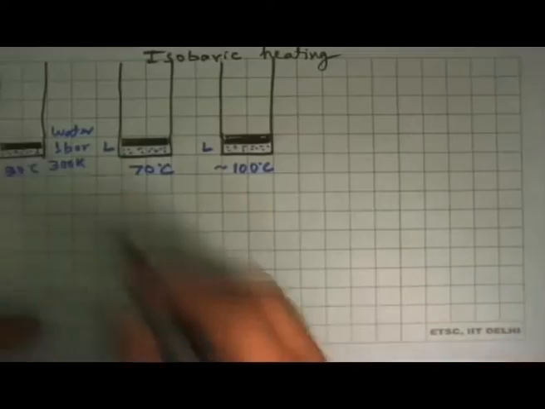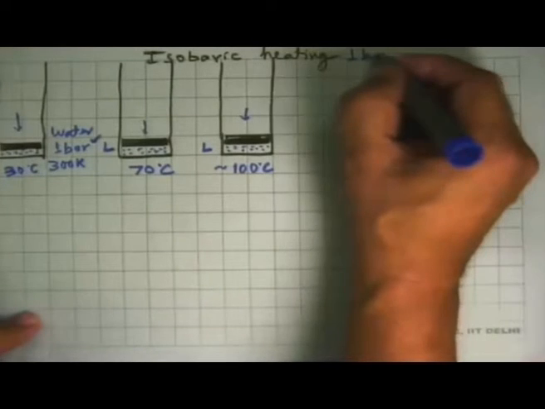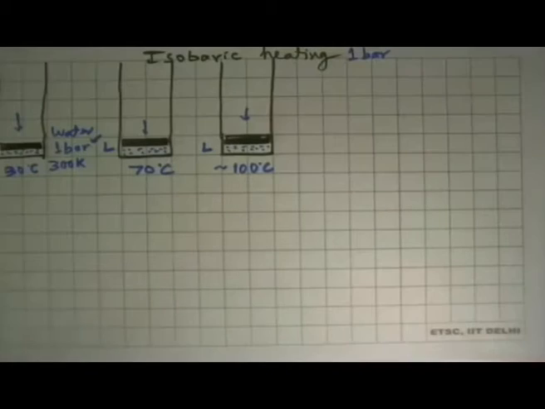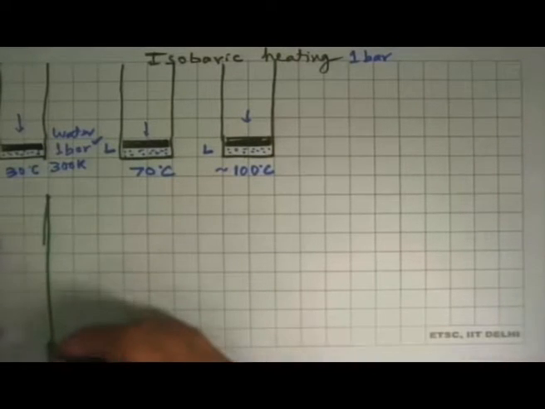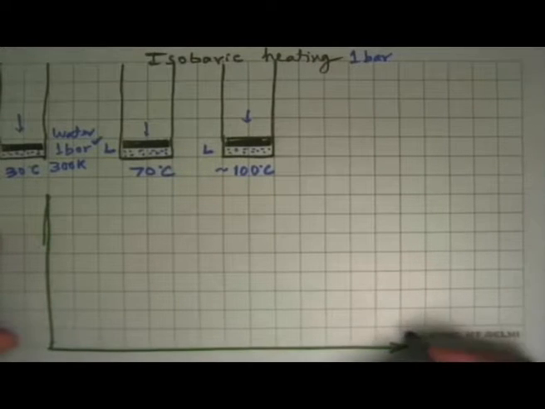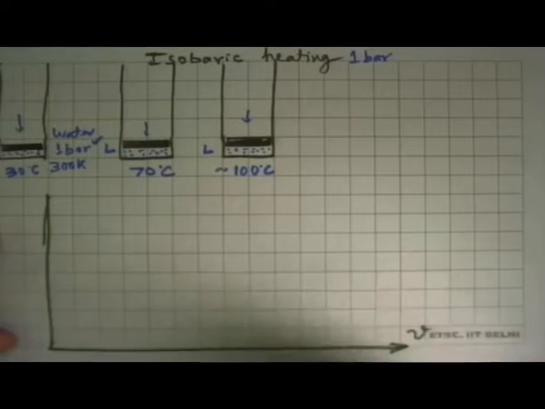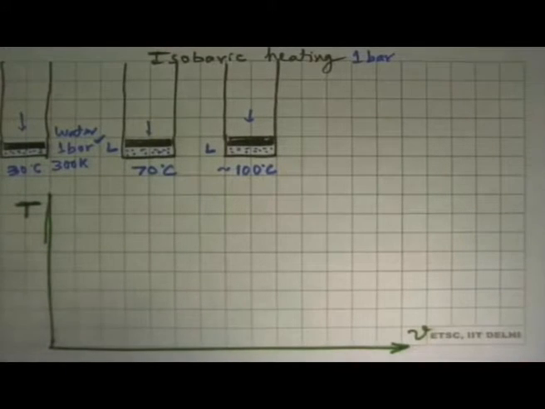Again, the pressure everywhere is still 1 bar. 1 bar is there everywhere. Let's see what these states will look like on a plot. So we make a plot where you have two axes there. On the X-axis we will plot the specific volume or inverse of density, and this side we plot the temperature.